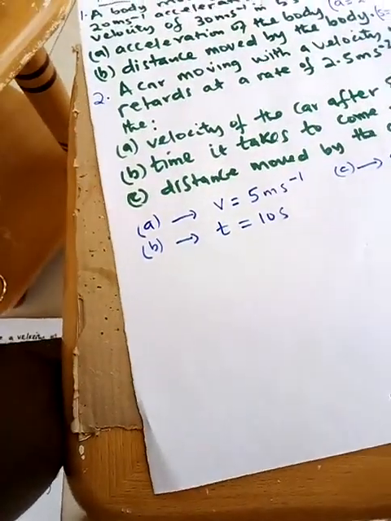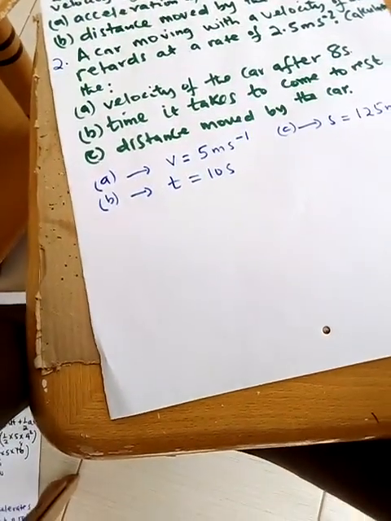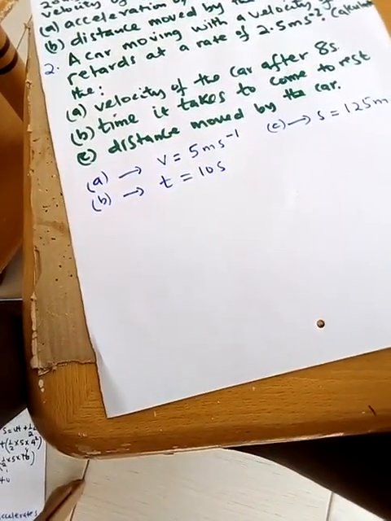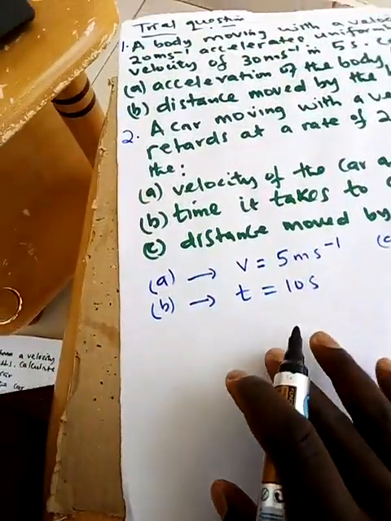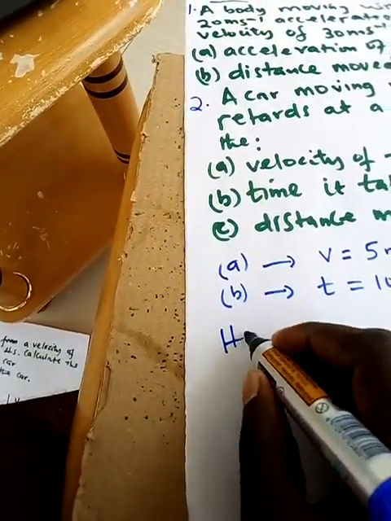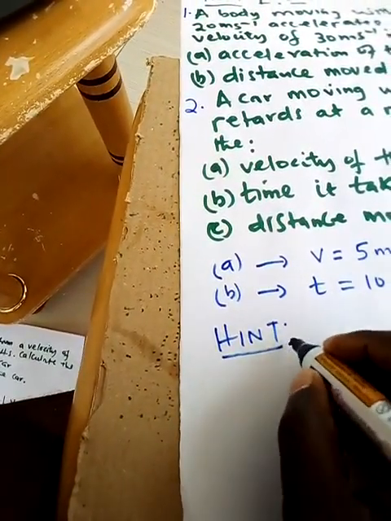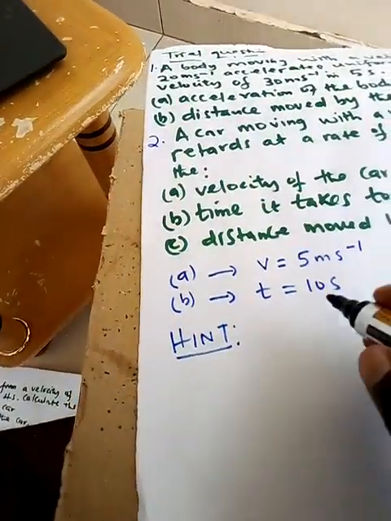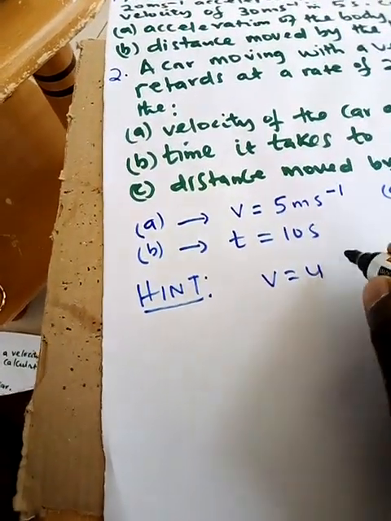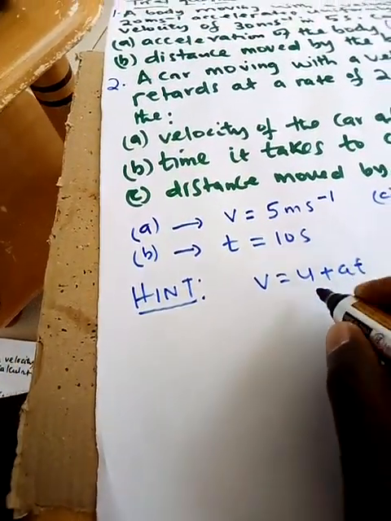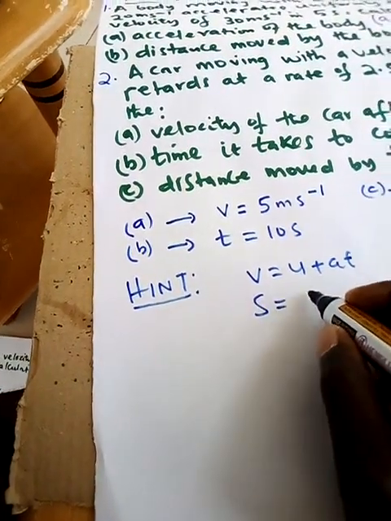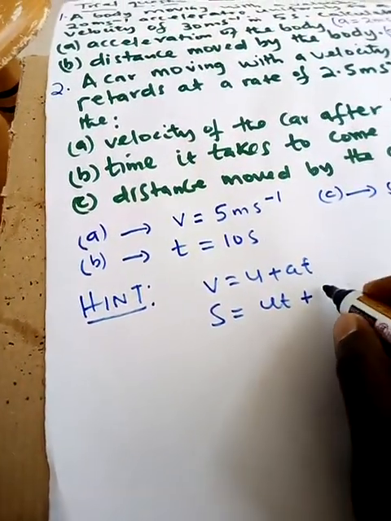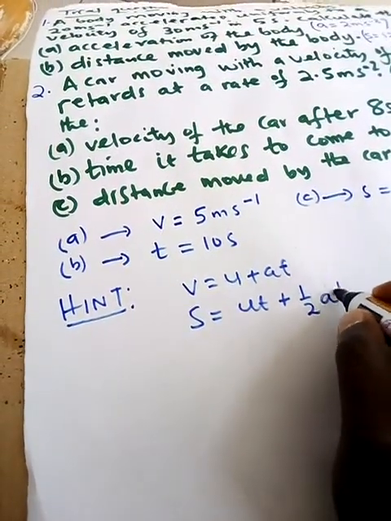By the way, the hint I'm going to give is how we are going to calculate. Remember, we are going to use the equations of uniformly accelerated motion. V is equal to U plus AT. You will use S is equal to UT plus a half AT squared.